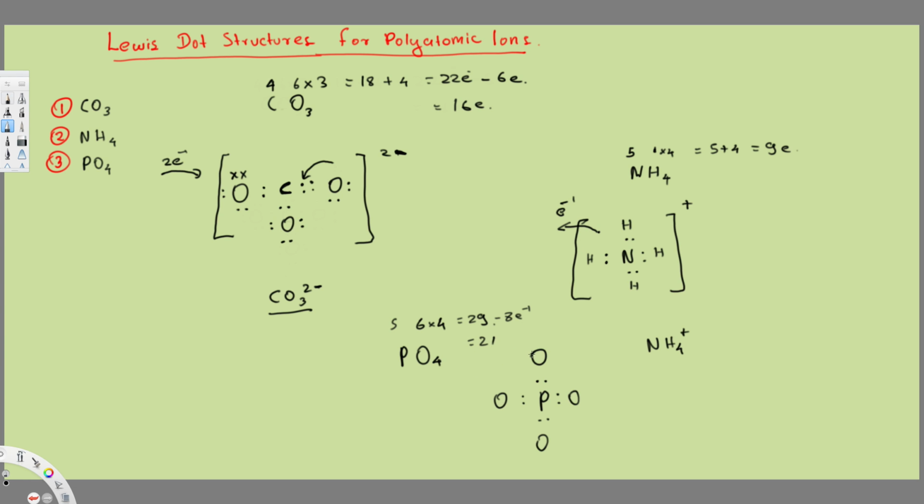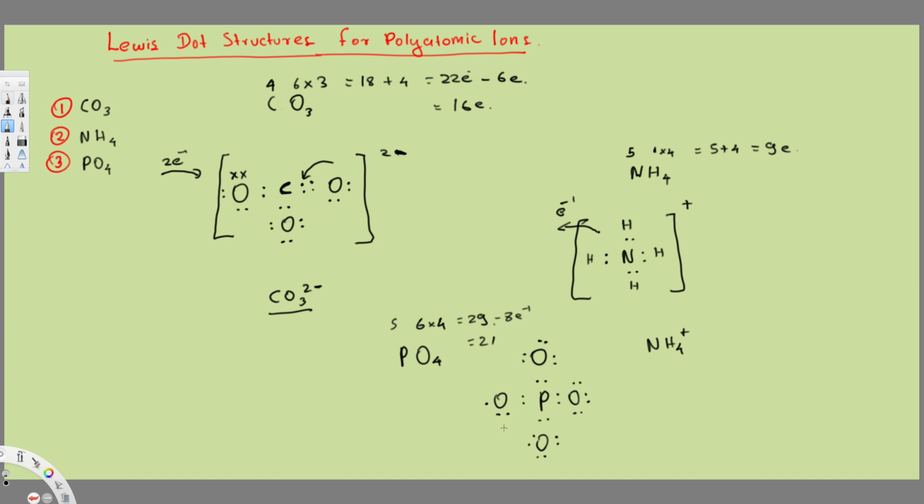So we have to fill the others with 21. 21 means 10 paired electrons. So 1 pair, 2 pairs, 3, 4, 5, 6, 7, 8, 9, 10 pairs, and one more, because 10 pairs is 20, and we have one more right here.